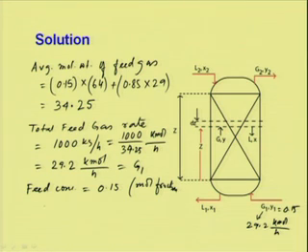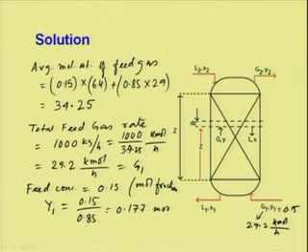So, we can calculate capital Y1 is equal to 0.15 by 0.85 is equal to 0.177. This is mole ratio.